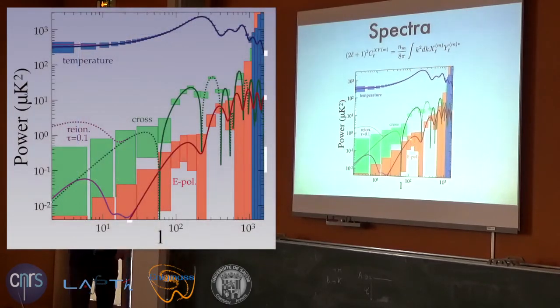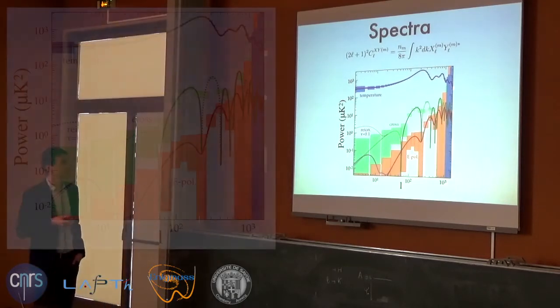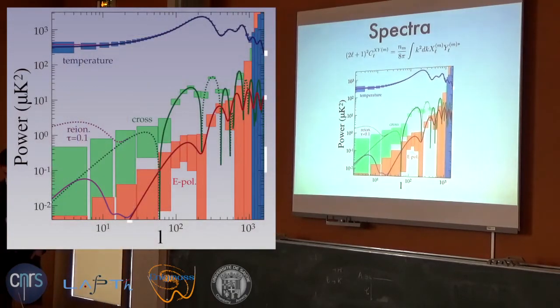And you see indeed that the E-polarization peaks exactly where the temperature has a trough, and the E-polarization has a trough exactly where the temperature has a peak, etc. I won't explain why it's exactly the opposite. But at least you see that the oscillatory shape follows exactly the oscillatory shape of the temperature perturbations.